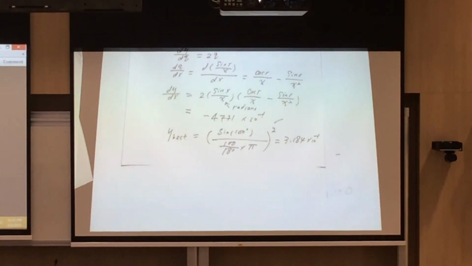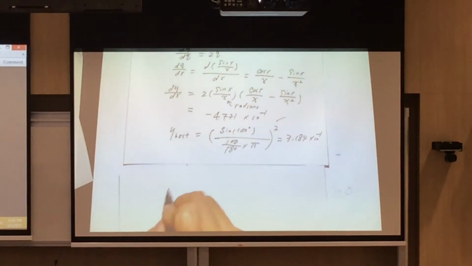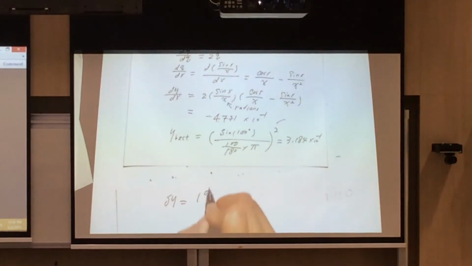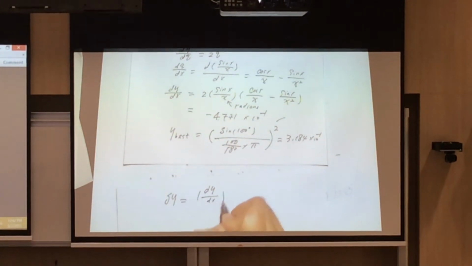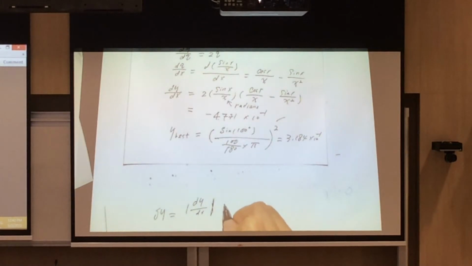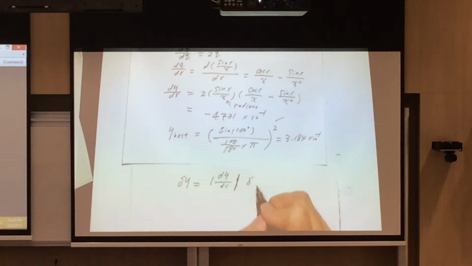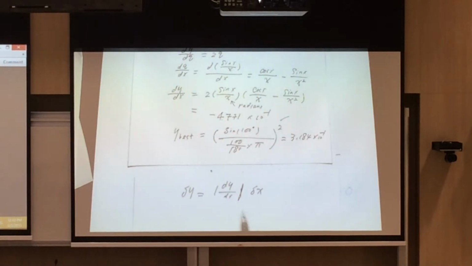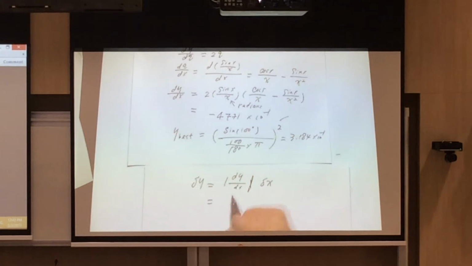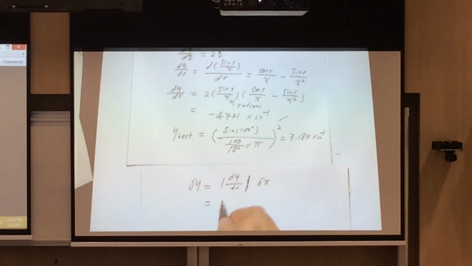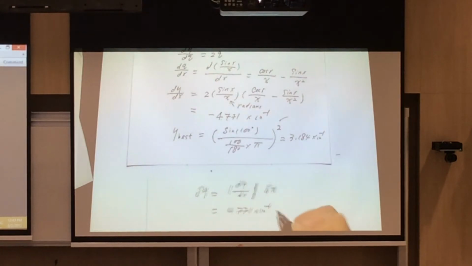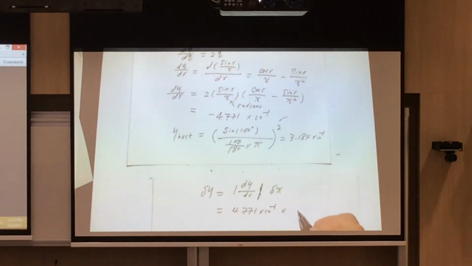Okay, so now we are ready to find out what is delta y. So delta y will be dy over dx times delta x. So this will be 4.771 times 10 to the power minus 1 times delta x.